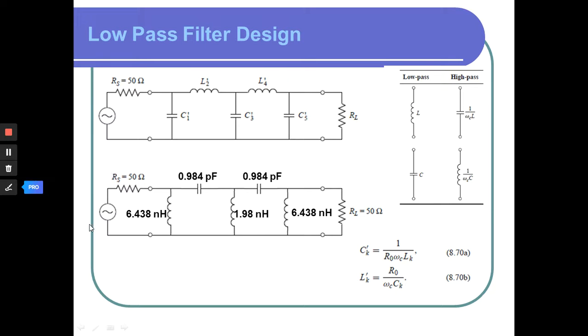And later on, if you put this one in the ADS and you simulate this one, you will get the response of a high pass filter. However, this is your part to do, not mine.